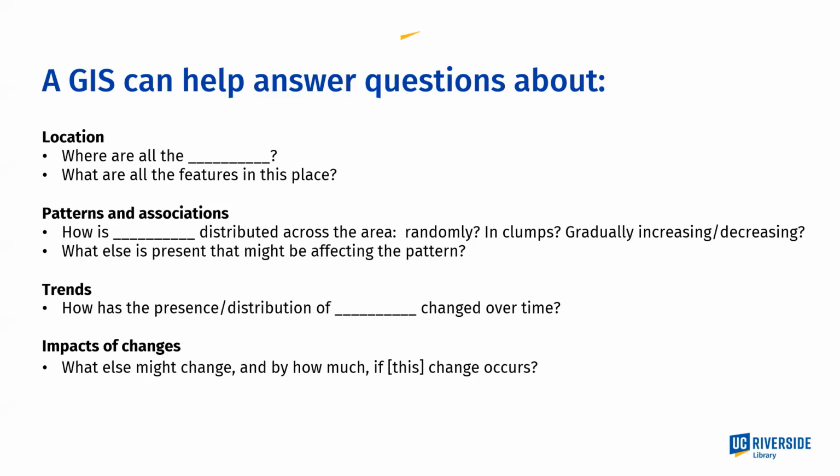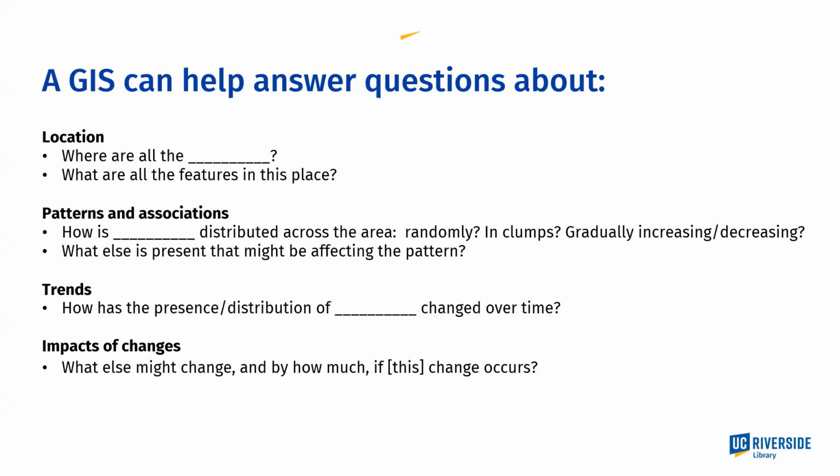Is it just random? Is it in clumps? Is it gradually increasing or decreasing as we move from east to west or from north to south? And if it doesn't seem to be random, then what else is present that might be affecting that pattern, right? So we can start to think about those kinds of associations.